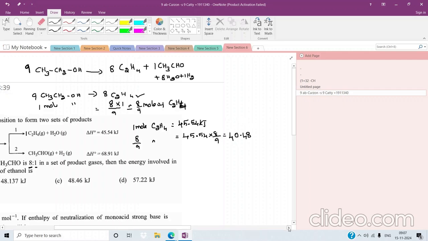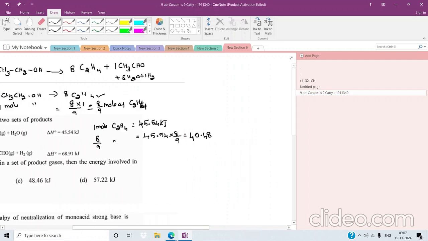Now I am going to write another equation. The unit is kilojoule. Another equation: 9 moles of ethanol, CH3CH2OH, giving 1 mole of CH3CHO. Then 1 mole of ethanol will give 1 into 1 by 9.